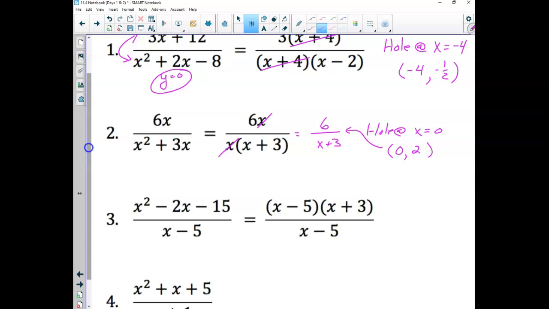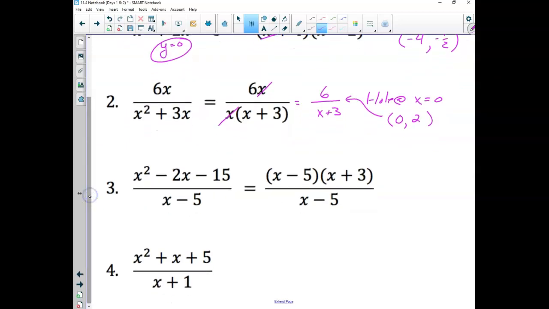Okay? Now, when I look at number 3 here, it sure looks like I'm going to have a slant asymptote, because the top is exactly one more than the bottom. But when I factored this, notice my factors reduced, so I had a hole at x equals 5, I believe it was.